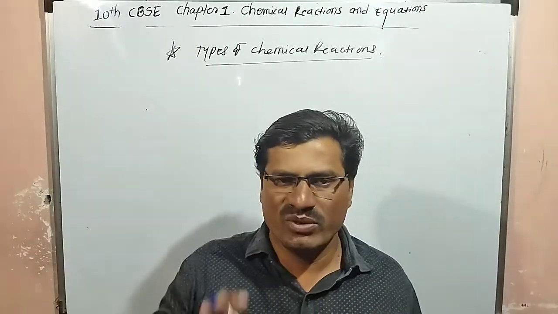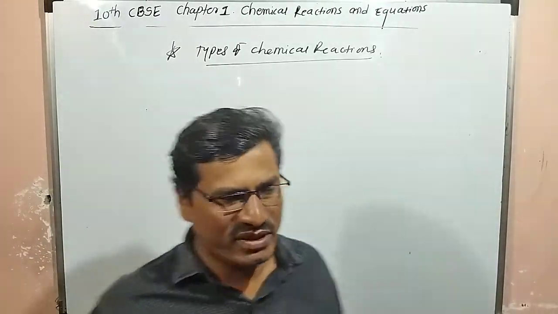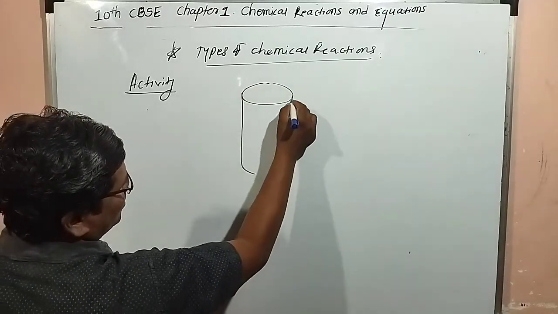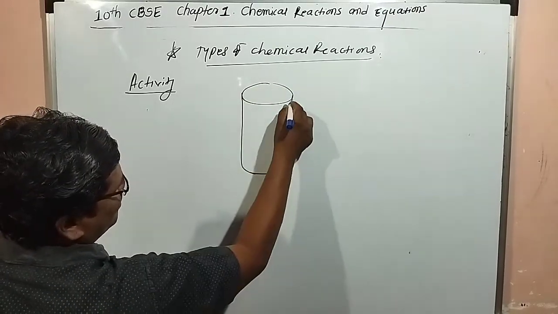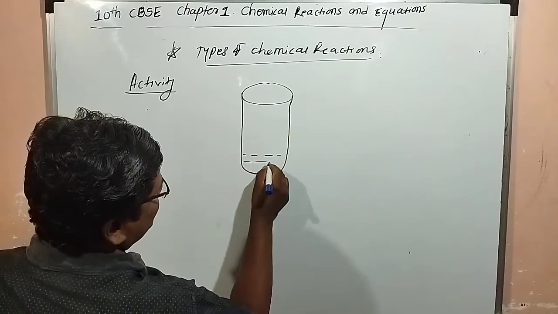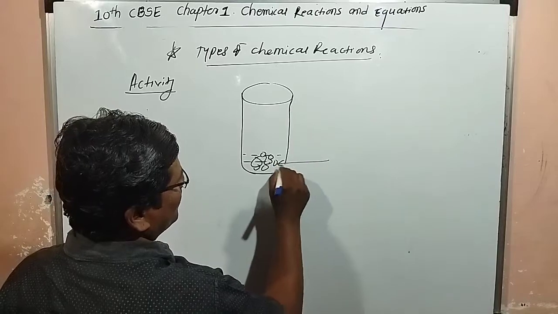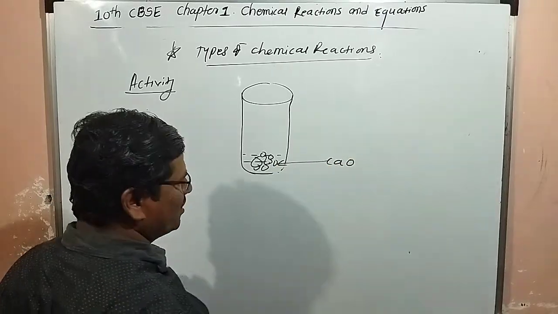One activity is given in the textbook. First activity I will tell. In that activity, you have to take one beaker, and in that beaker you have to take some pieces of CaO, calcium oxide.